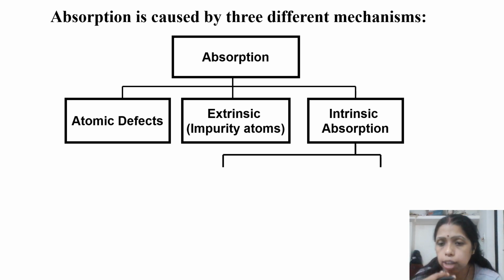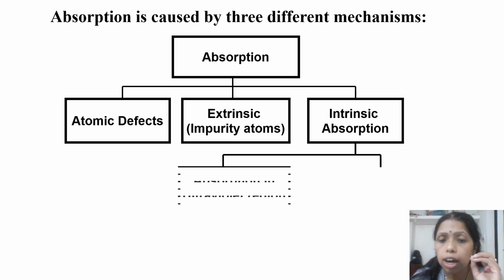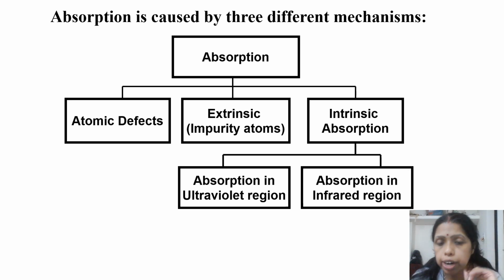Under intrinsic absorption, you get two kinds: UV region absorption, or electronic absorption, and near infrared absorption. I will discuss these in the coming lecture, followed by the reasons for scattering as well as bending loss, and then I will come to the dispersion mechanism.